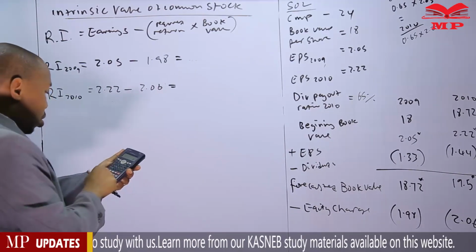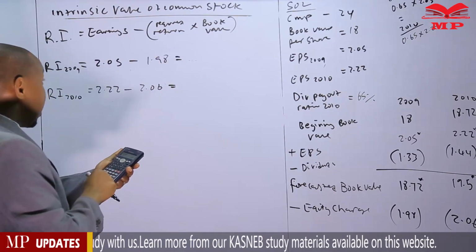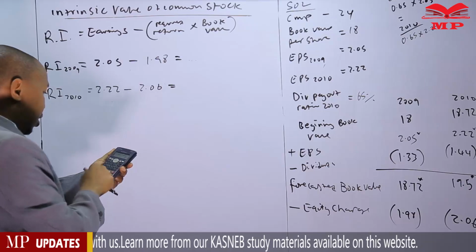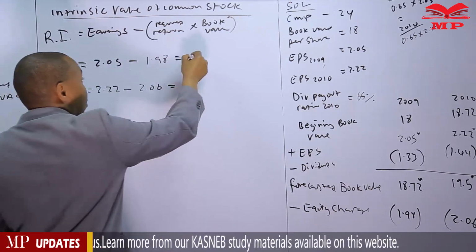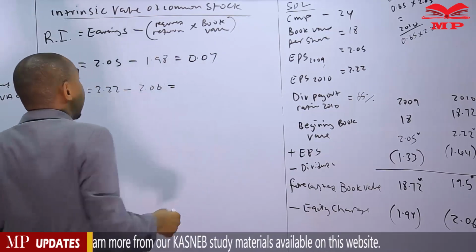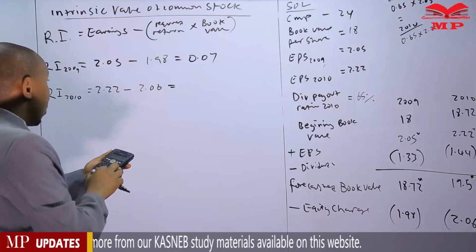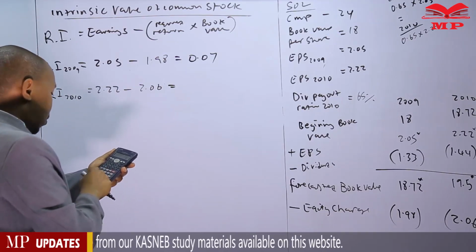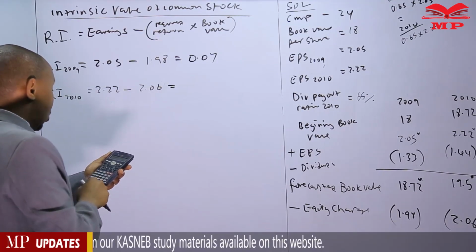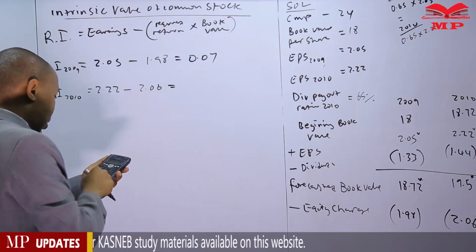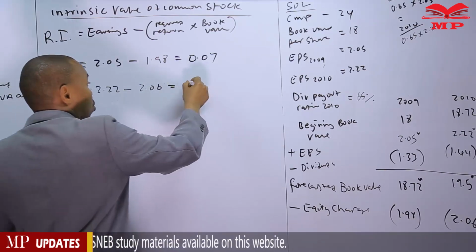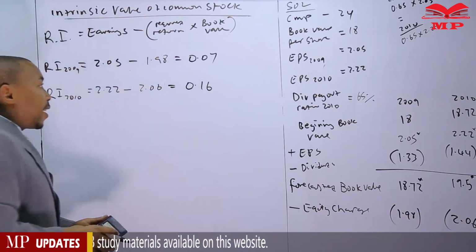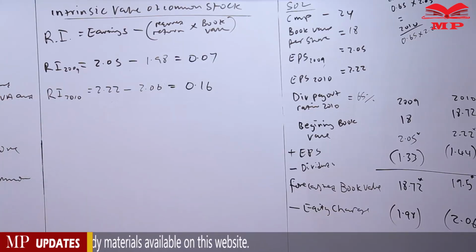So we have 2.05 minus 1.98, which is 0.07. That is the residual income for 2009. For 2010, we have 2.22 minus 2.06, which is 0.16. That is how we compute the residual income.